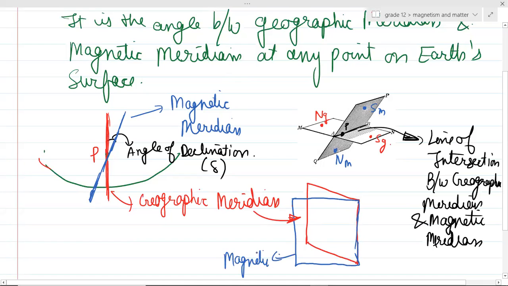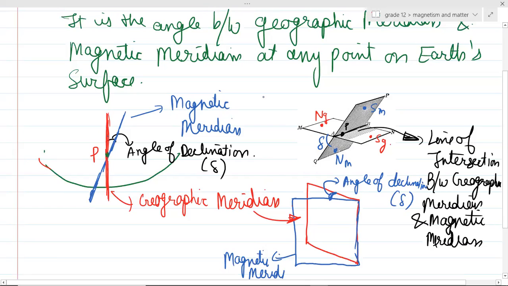Is it clear, guys? And this angle will be known as the angle of declination. Basically this. Are you understanding the concept now?